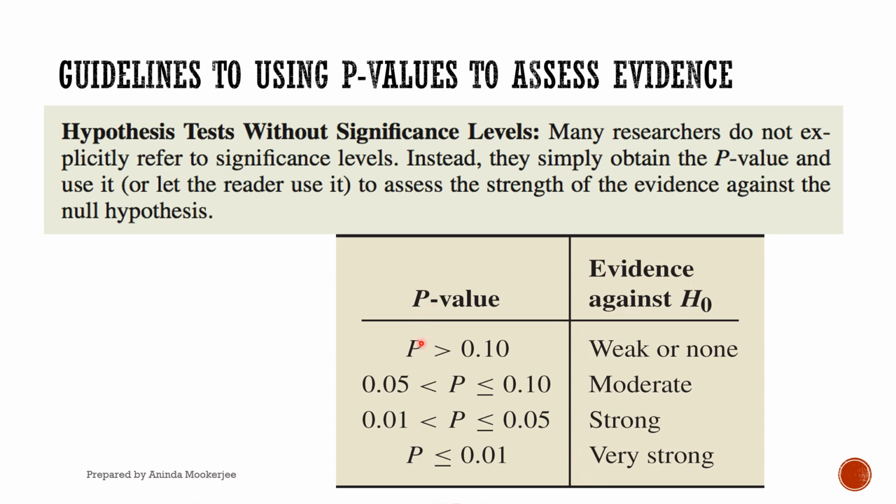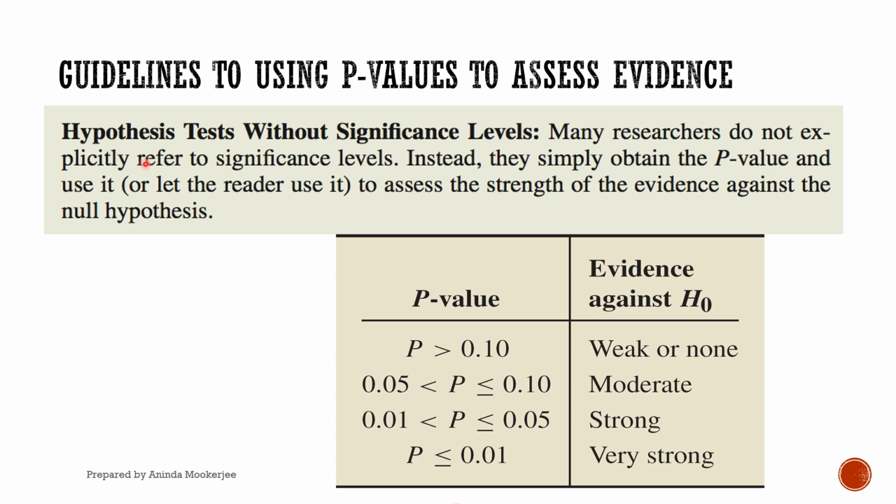If the p-value is greater than 0.10, then just right away looking at the p-value, they would know that the evidence against the null hypothesis is weak. They will not reject the null hypothesis. Decision will be do not reject. And for a case where the p-value has moderate evidence, it would be left up to the discretion, but more often than not, it would be do not reject.